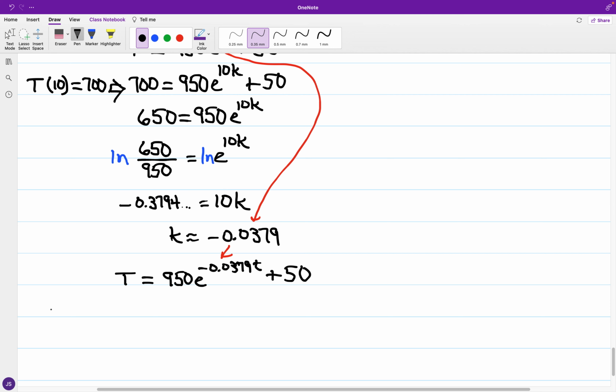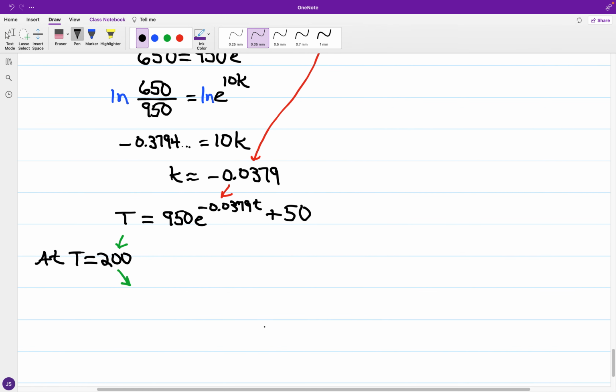With this equation at 200 degrees Fahrenheit, we take our equation and substitute 200 for the core temperature.